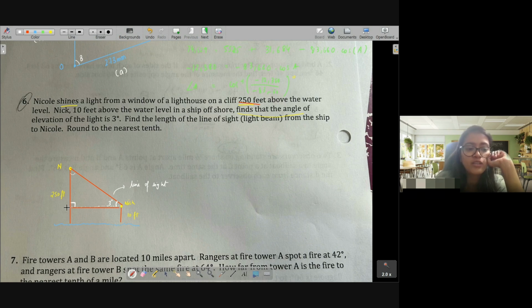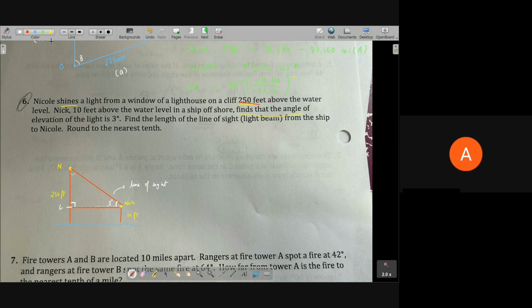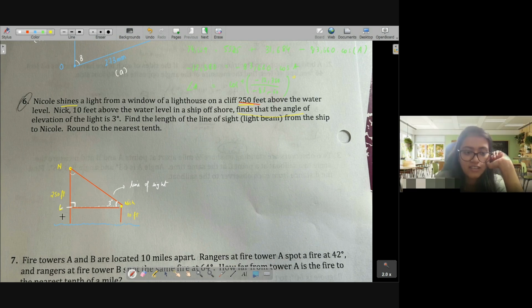First of all, find this length. Let's call this point L. What is the length of NL? It's not 250 feet, it's 240, because this is 10. 250 minus 10, so this much is 240. 240 is from N to L.